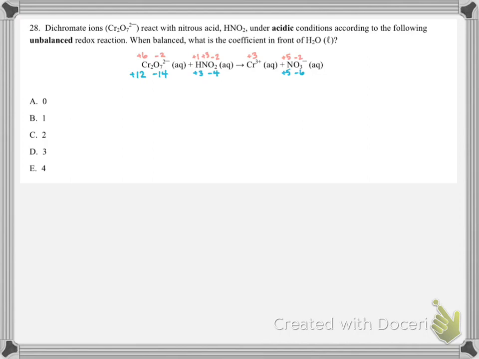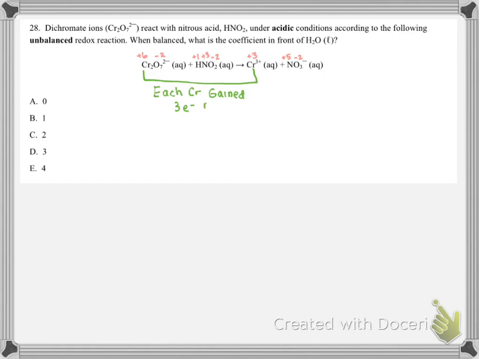And so what we're going to use are the top numbers for the individual atoms to look at how things are changing. So we can see that the chromium is going from +6 to +3. And so I'm going to say each chromium must have gained 3 electrons.